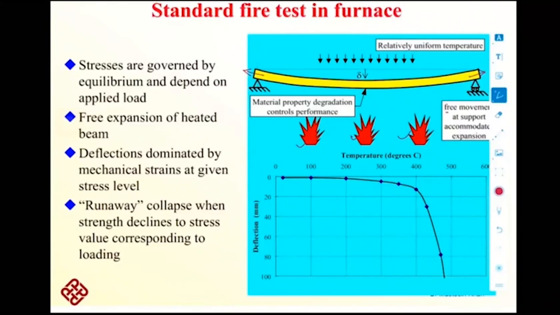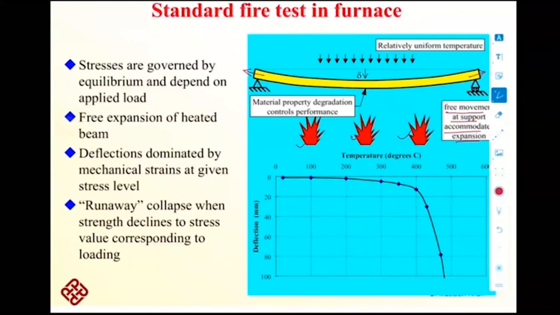Here you can see the free movement at the support; you are allowing it the free movement. As you have seen in the very first slide, if you are stopping it from expansion, a compressive stress will come into the section. Now here in this case, you are not stopping it. So it means that with the increase in the temperature, you are not inducing any additional stress into your member. So what is the other thing which fire could do?